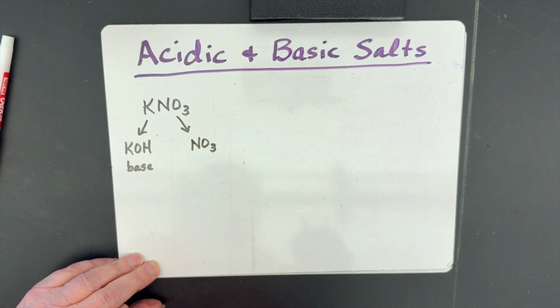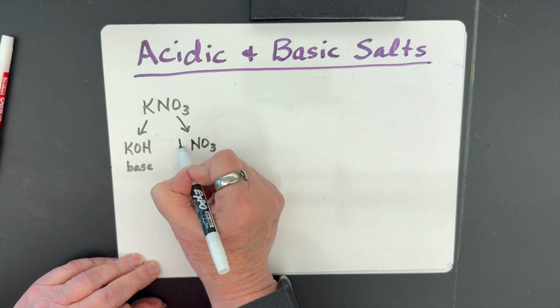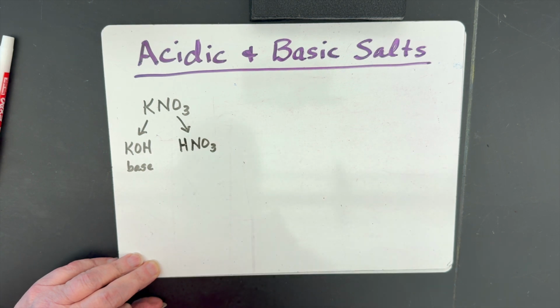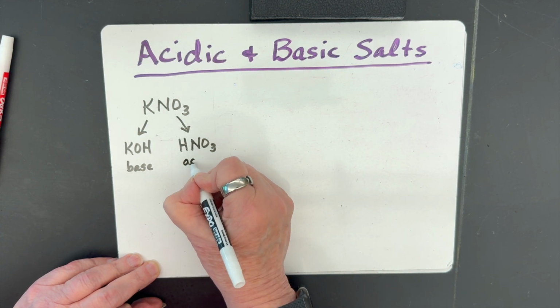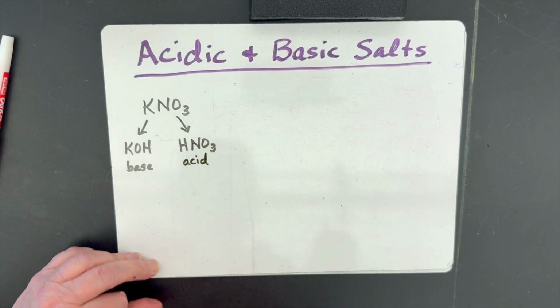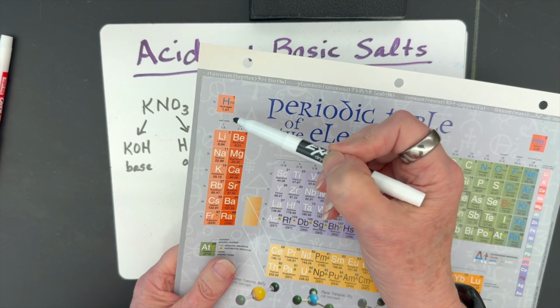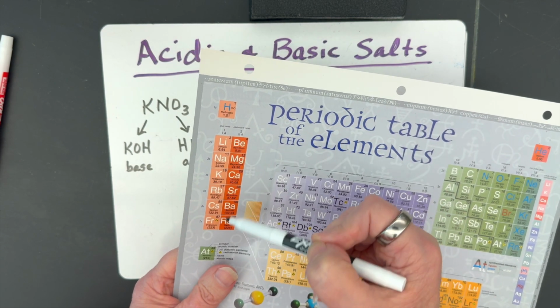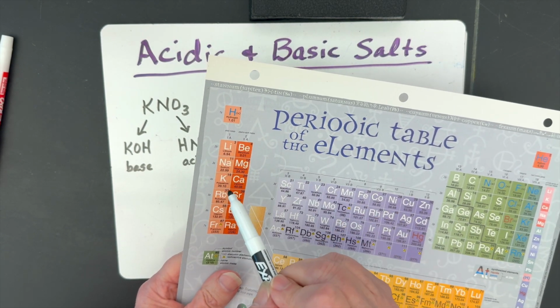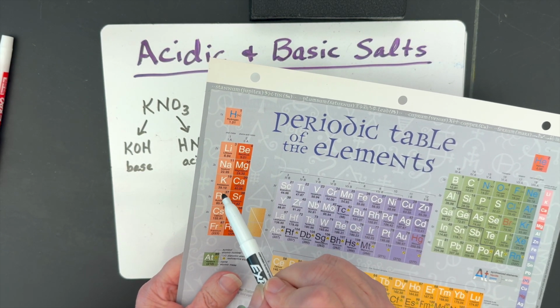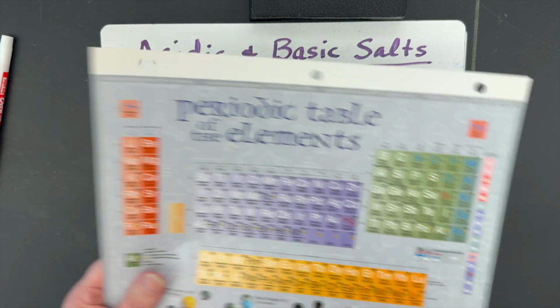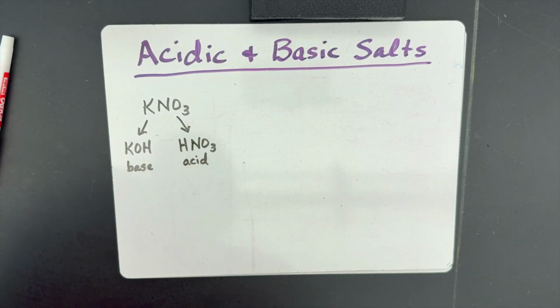NO3 has a -1 charge, so we need 1 hydrogen on the front to balance that out, and that is an acid. Now KOH, remember that if the metal in the front comes from the first 2 columns, then it's a strong base. So K is right here in the first column, so this is going to be a strong base.